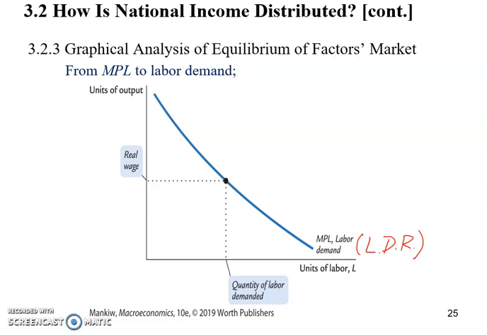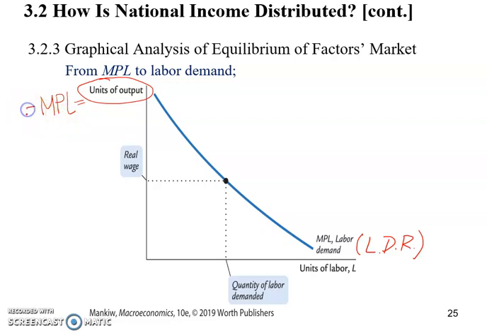We said that this is an MPL curve, right? And on the vertical axis, we said this is units of output because that's how MPL is measured, right? How many units of output when we add one more unit of labor, right? If you remember, in the previous section, we already derived mathematically that because of the profit maximizing behavior, MPL, marginal product of labor, equals what?